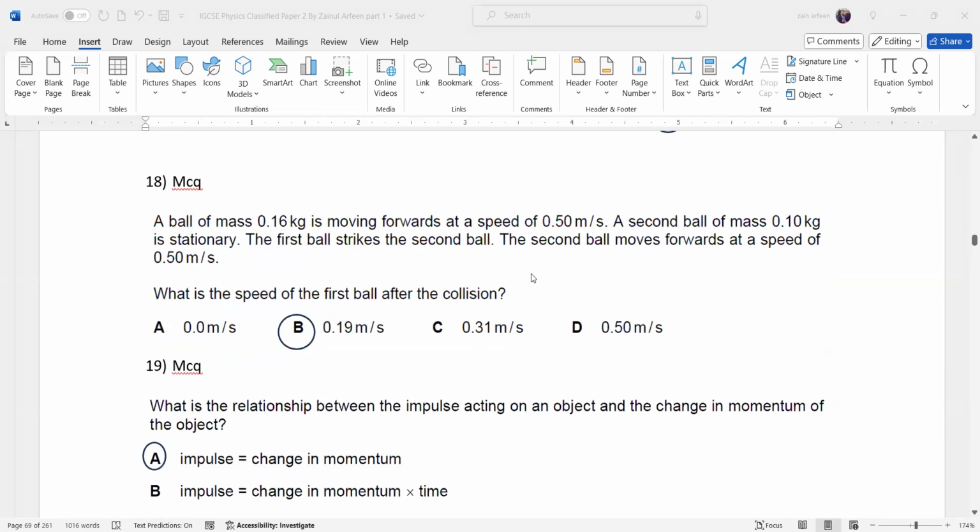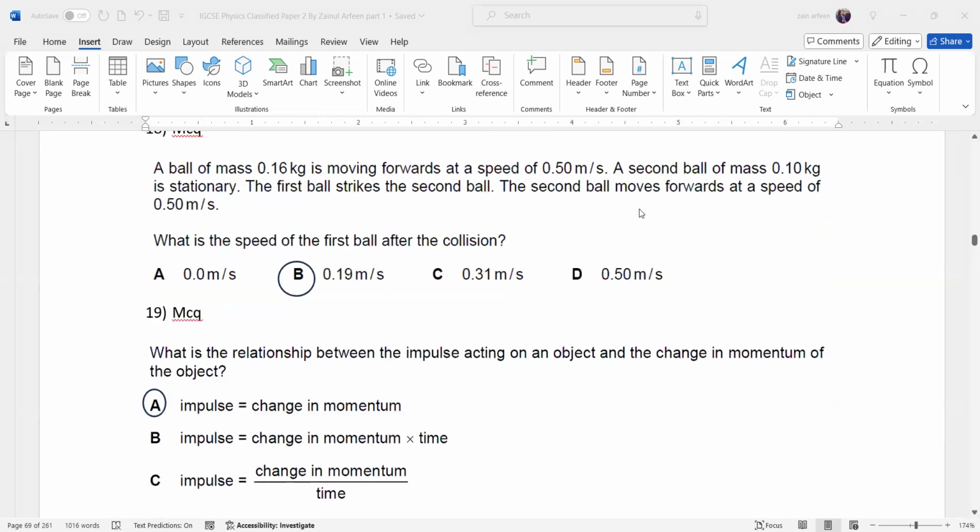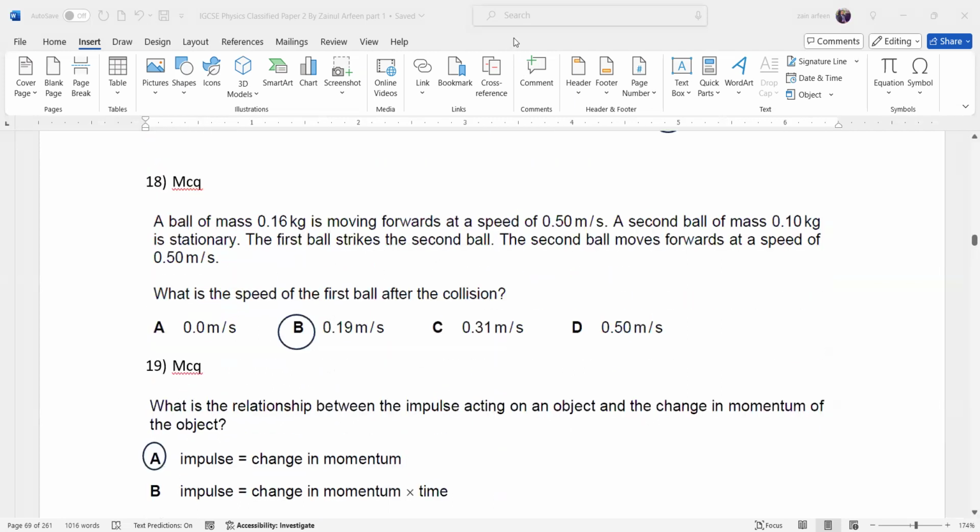In question 18, a ball of mass 0.16 kg is moving forward. So here there's a collision. Whenever there's a collision, what will we use? We'll use the conservation of momentum.